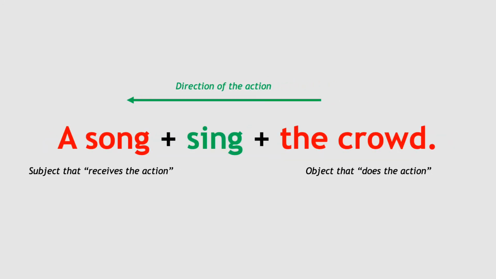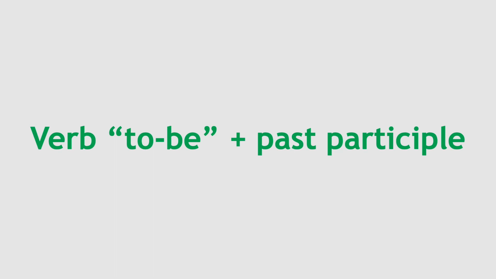using our previous example, we have all the elements laid out here. We have a song as the subject now, but remember it is still the acted upon, something that receives the action, and we have the verb sing, and we have the crowd, someone that does the action, but now in the object position.